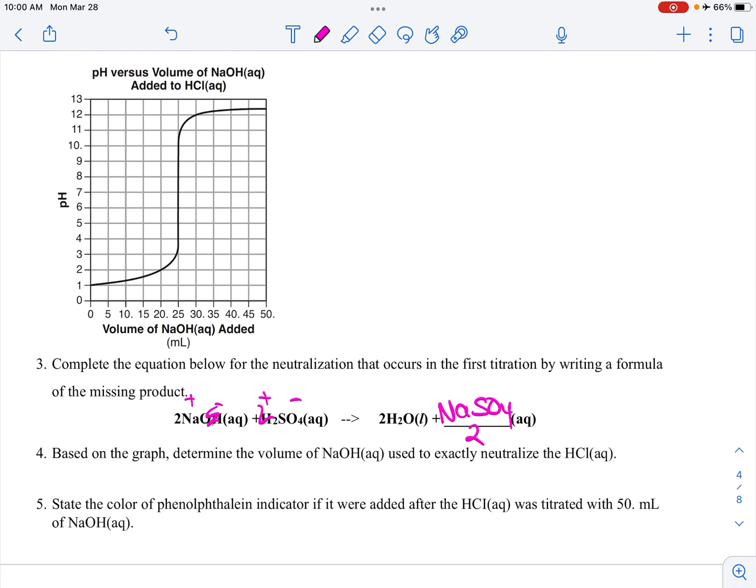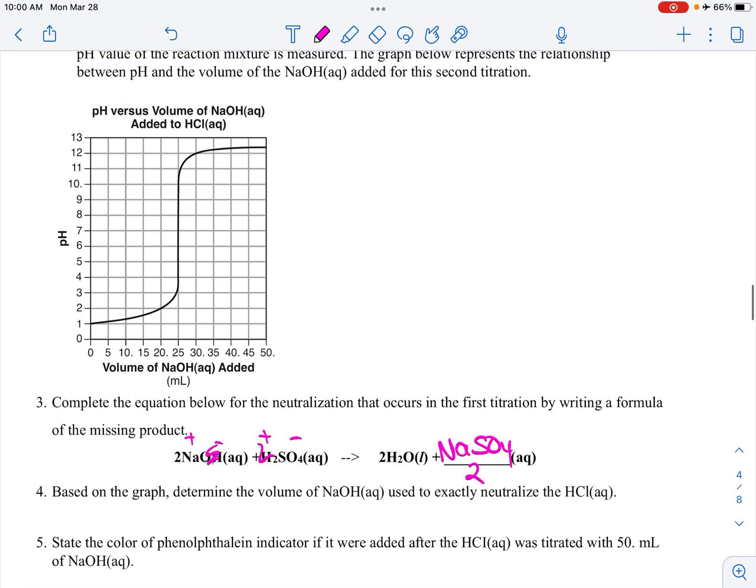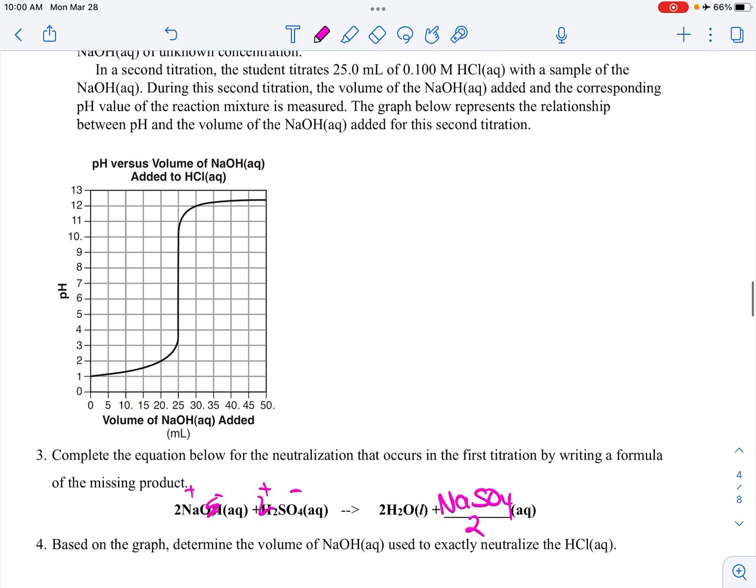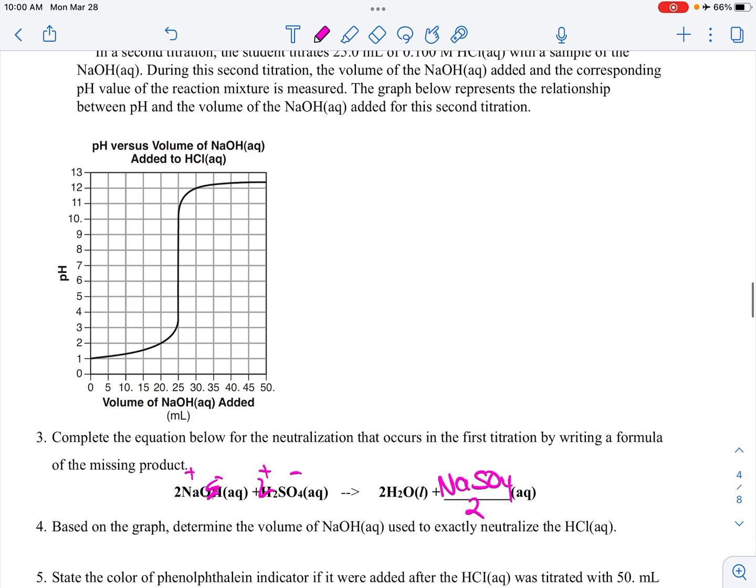Based on the graph, determine the volume of NaOH used to exactly neutralize the HCl. Okay, so exactly neutralize. Neutralize means pH of 7.